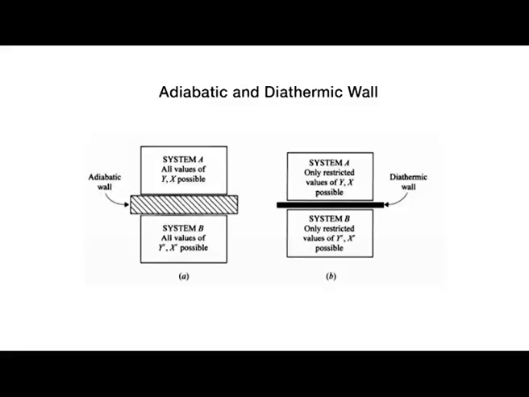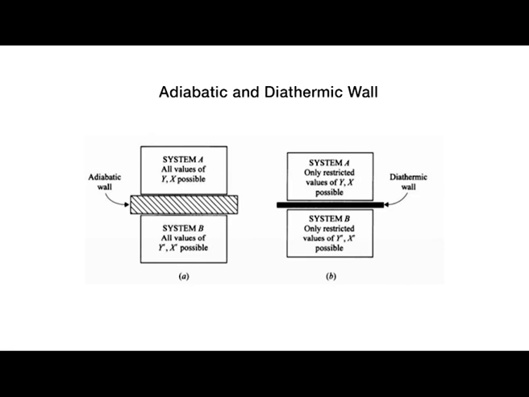The existence of an equilibrium state in one system depends on the proximity of the other system and on the nature of the wall separating them. That is, the walls are said to be either adiabatic or diathermic. The figure shows two systems, system A and system B. Here system A is separated from system B by means of an adiabatic wall.